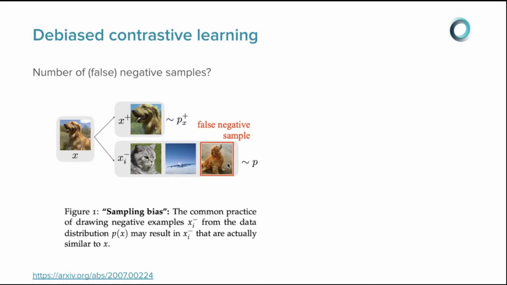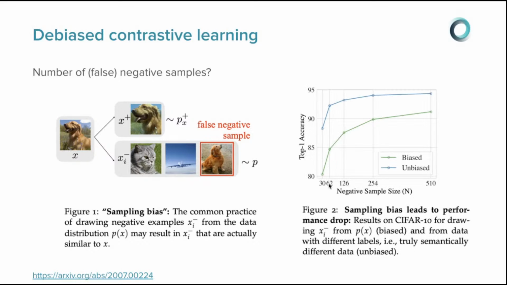And this paper linked here is showing that addressing this problem can really boost your performance. And this is what they show here. So here we have the biased setup in green. I hope you can see the difference. And when you increase the negative sample size, the paper outlines in much more detail how you can get hold of some parameters that you can tune in your loss function, so that you can avoid the impact of those negative samples.